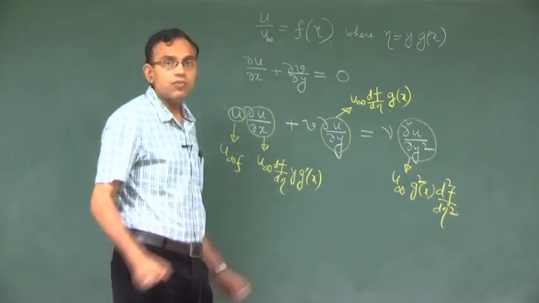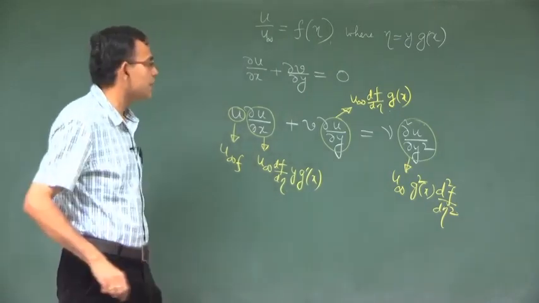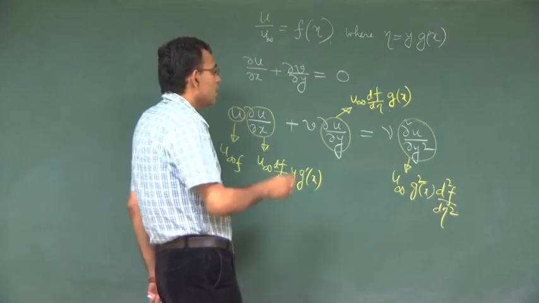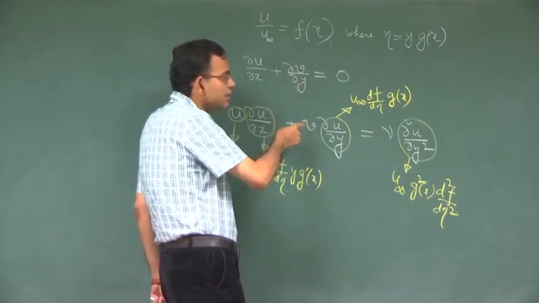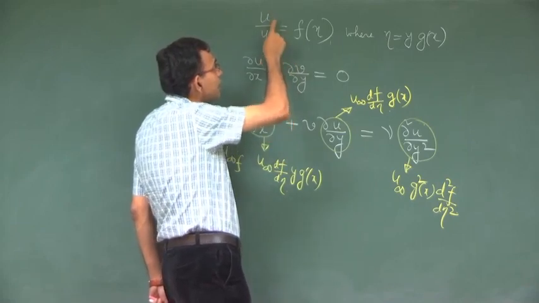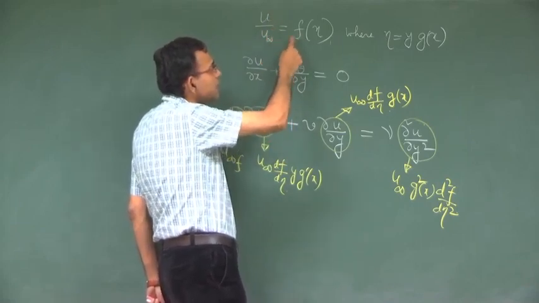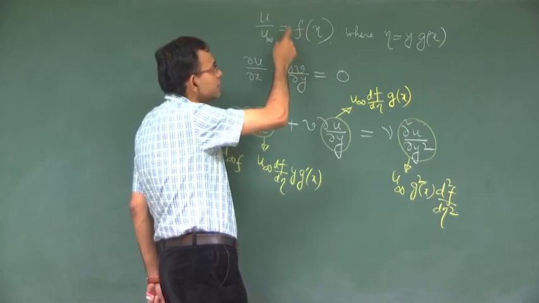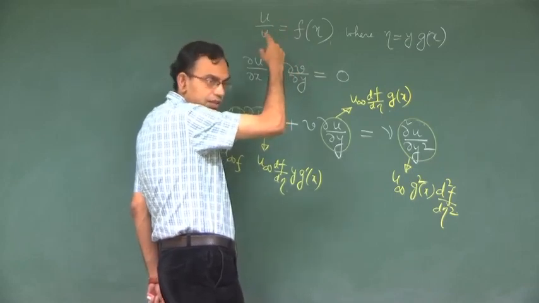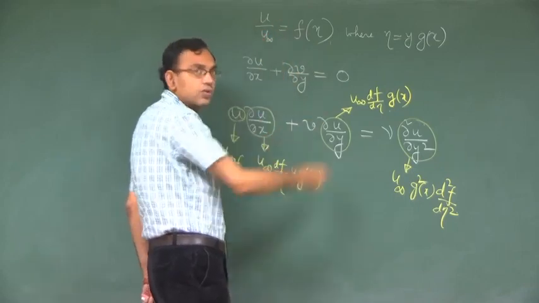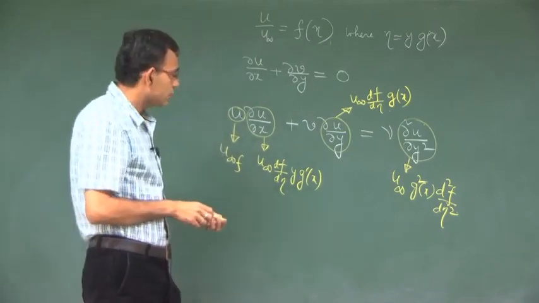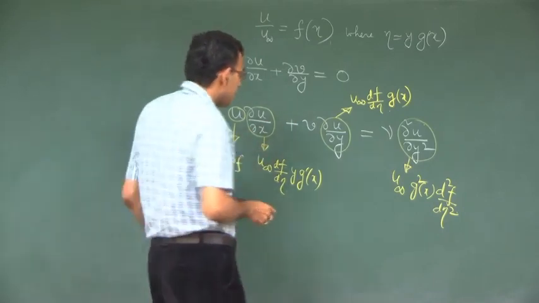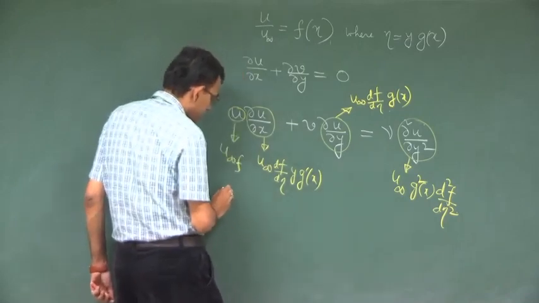So, the strategy we will follow is something like this. We will eliminate v from these two equations, because the velocity profile u by u infinity is expressed as a function of eta, and v is not included in this representation. Because v is not included in this representation, we will eliminate v. So, let us write what v is from here.